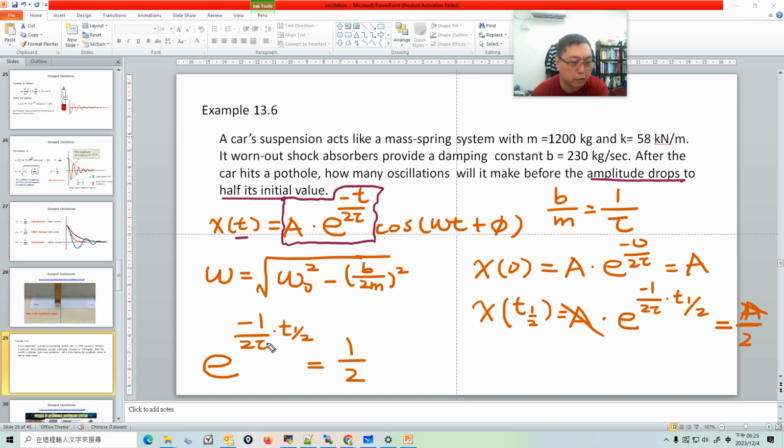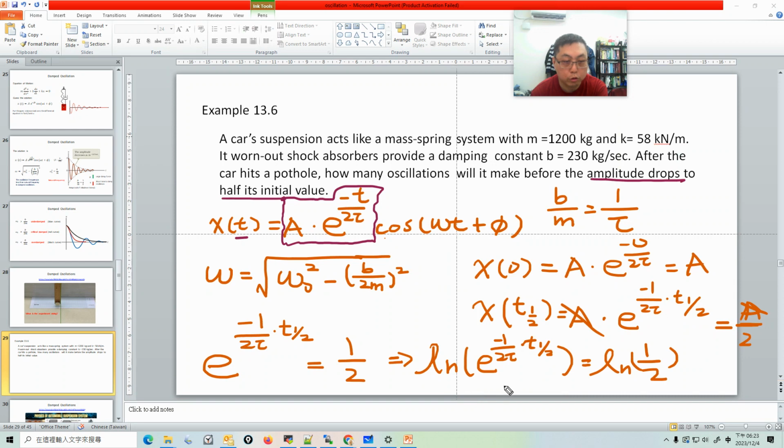Do we know tau? Yes, I think we have the information for tau, because we have the damping parameter b and the mass. But how do we solve this equation? Take a log on both sides, especially the natural log. Minus T1/2 over 2 tau equals ln of 1/2.